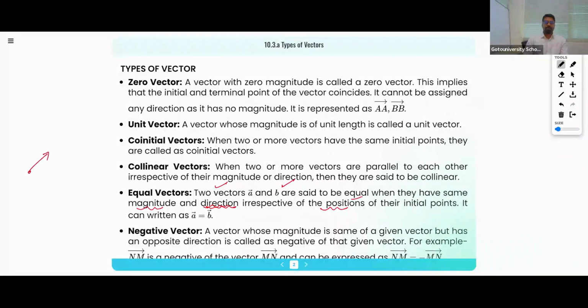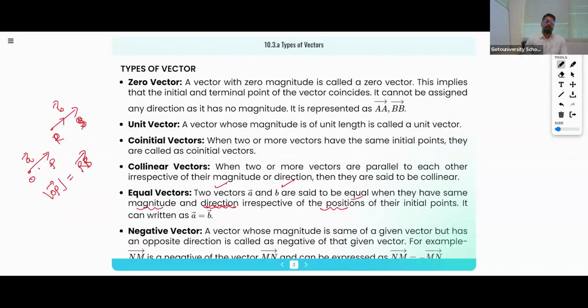For example, there is a vector here, OP, and let me take another vector somewhere with the same direction, RS. Let this be A and let this be B. What I know is that the magnitude of OP is equal to the magnitude of RS.